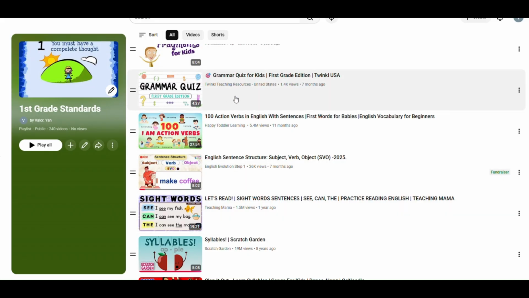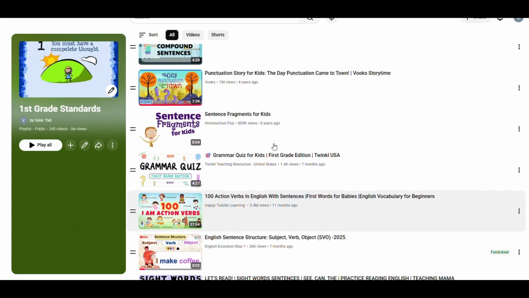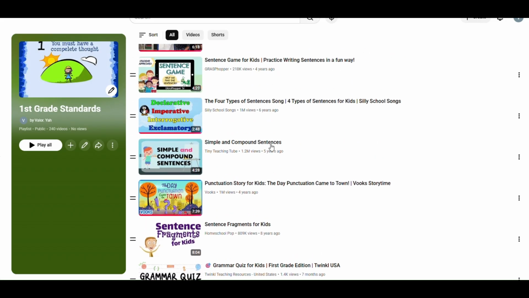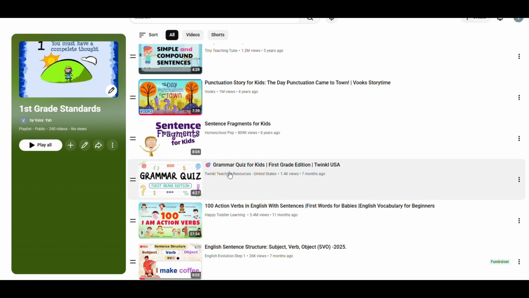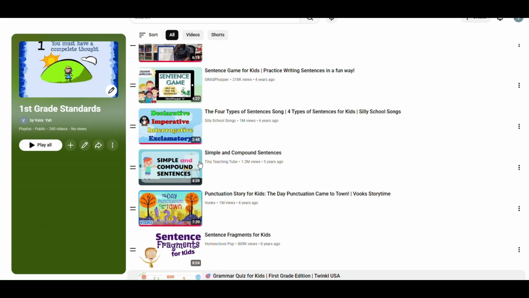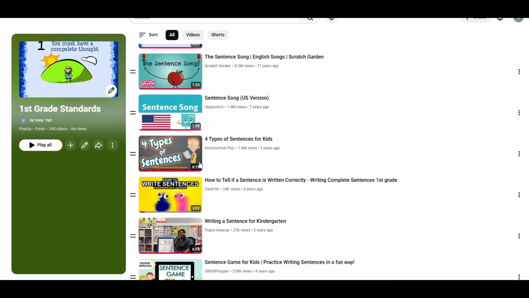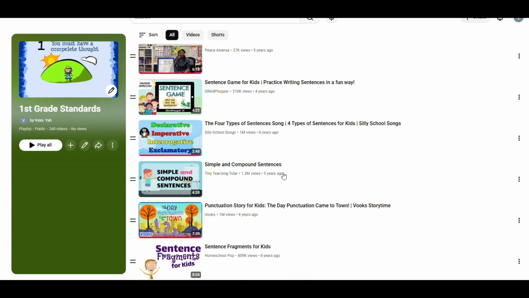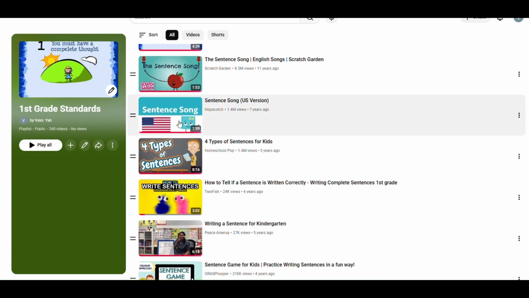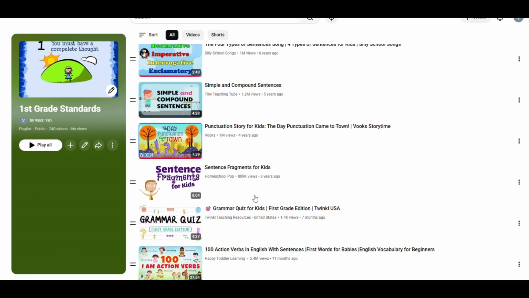Because again, how this teaching style works in terms of trying to get all of the senses on point, there may be a day where they're focusing more on the foam letters and trying to write what type of sentence, declarative, imperative, interrogative, exclamatory, rather than listening to the actual grammar quiz. Does it have an exclamation point, or does it have a capital letter, and for this one, does it have spaces between the words, or is it all jumbled together?